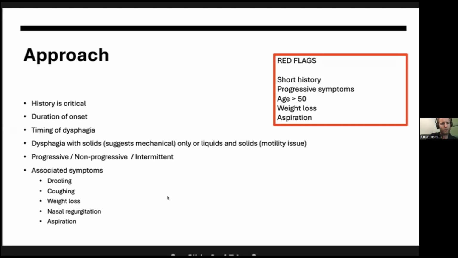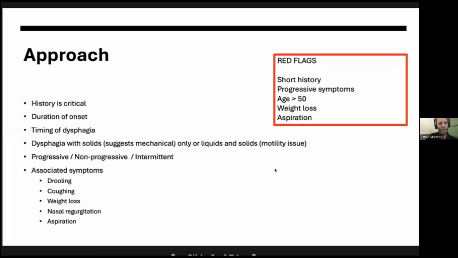Other things that one would want to tease out are whether it's dysphagia to solids only or liquids as well. Most diagnostic algorithms break this down, as we'll see in the following slide, into solids or solids and liquids.